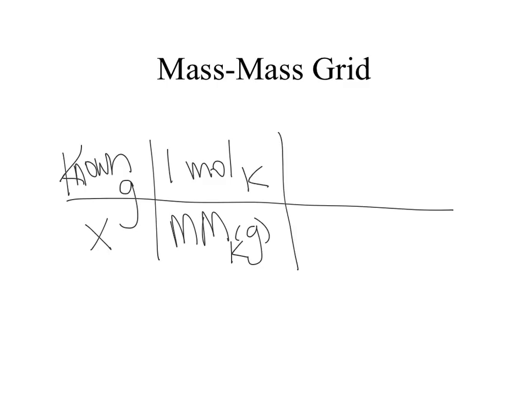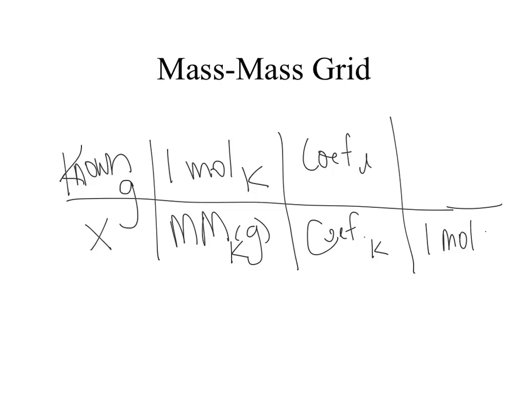Now we're going to do our mole ratio, so our coefficient from the balanced reaction of our known over the coefficient of our unknown. Now I'm in moles of my unknown, but I don't want moles, so now we need to get rid of our moles of our unknown and get to our molar mass. So that's how you do a mass-to-mass grid.